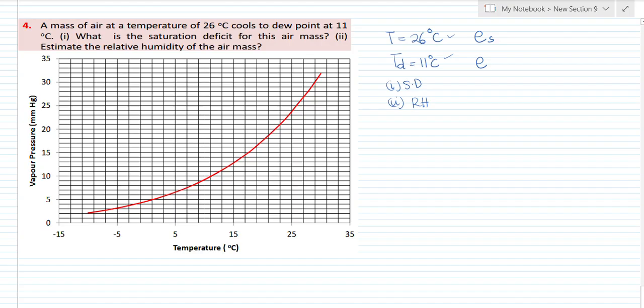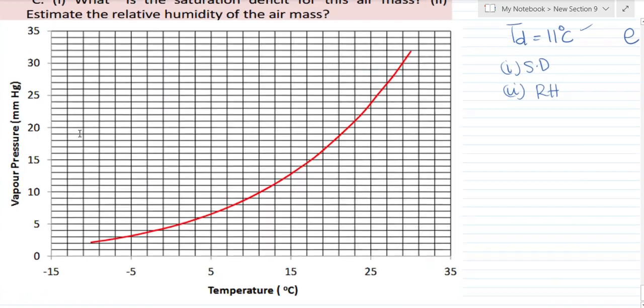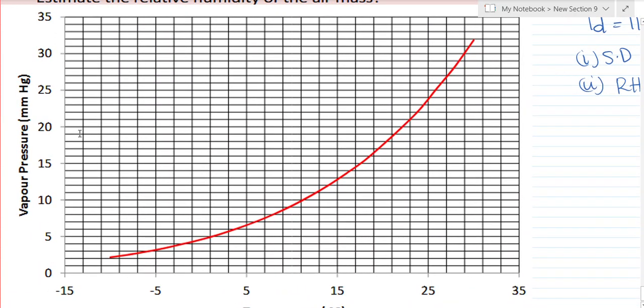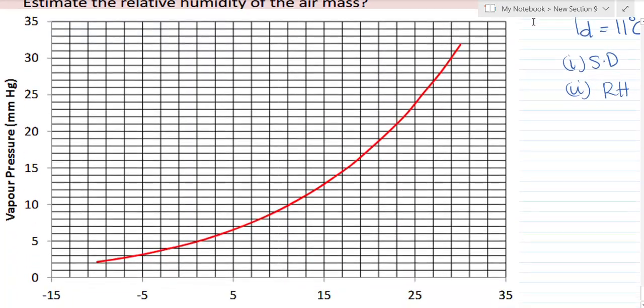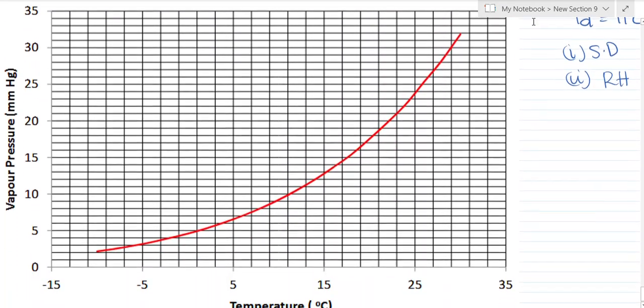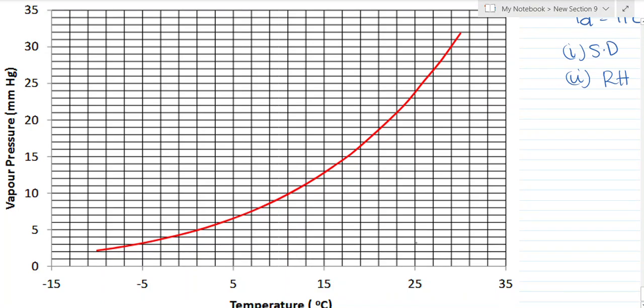So what we just have to do is straightforward. So let's come to the curve here. Let me change the color. Let me use this one. And let me open up the graph a little bit. So the temperature that we are working with is 26. So this is 25, this is 27.